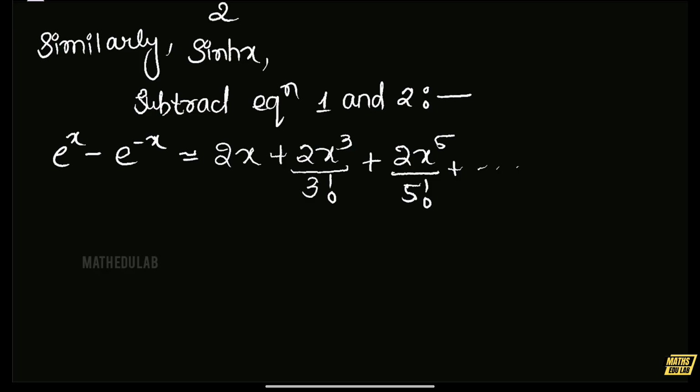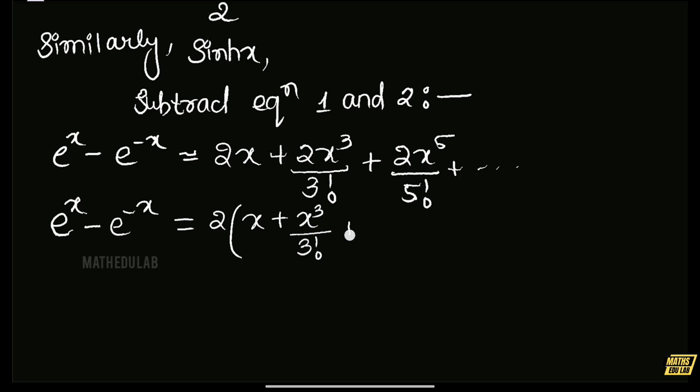So now take the common value 2. On taking it common, e to the power of x minus e to the power of minus x equals 2 times x plus x cube by 3 factorial plus x to the power of 5 by 5 factorial, and so on. Similarly, as we have done for the cos, we will divide both sides by 2.